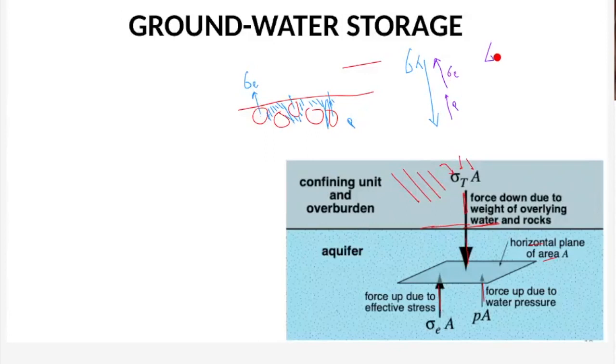So this should be sigma t equal to sigma e plus p, right? If I cancel the area, then this should be the equation. Whatever stress is acting from the top, that should be equal to the stress from the grains and from the water, because these are the only two things that will apply force. Now tell me, आ रही बात समझ?